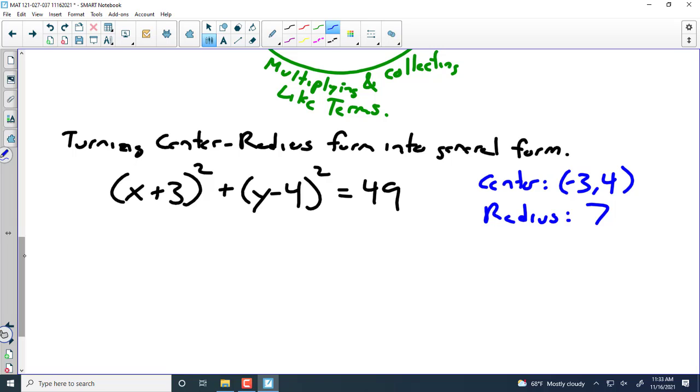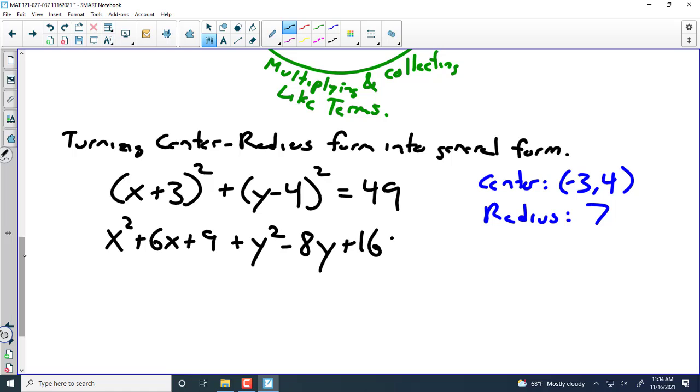It's awesome. But if for some reason they start nagging you and saying, nope, we want it in general form, then you have to FOIL this out, which will give you x squared plus 6x plus 9. You FOIL this one out, which will give you y squared minus 8y plus 16 equals 49.